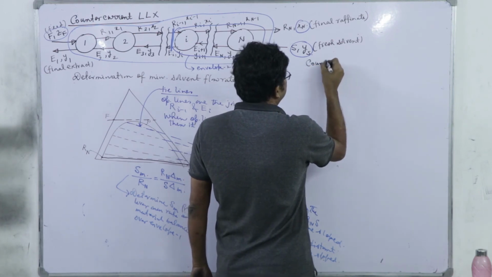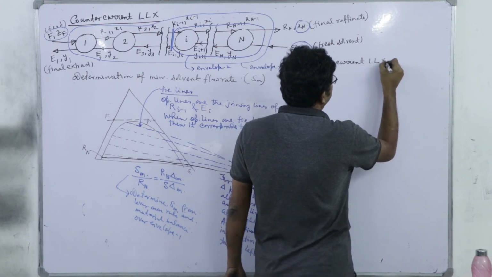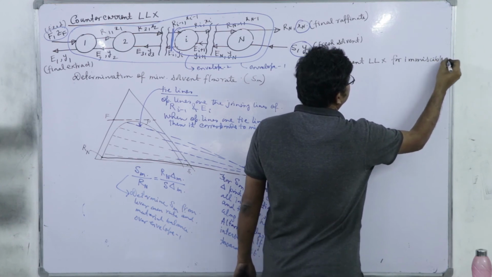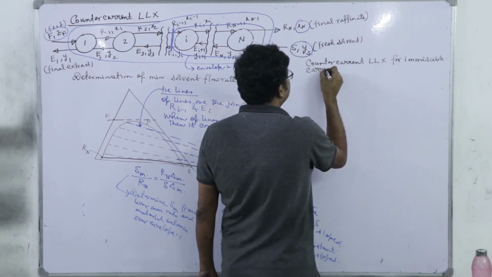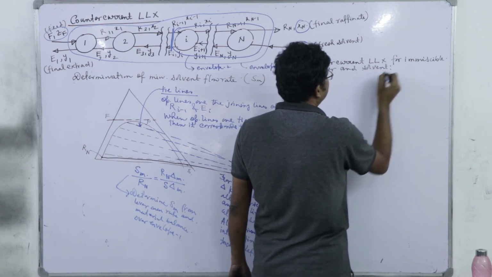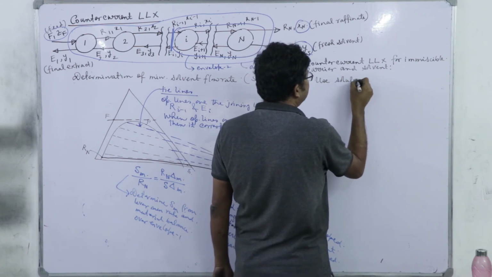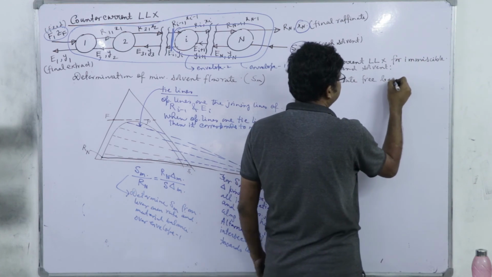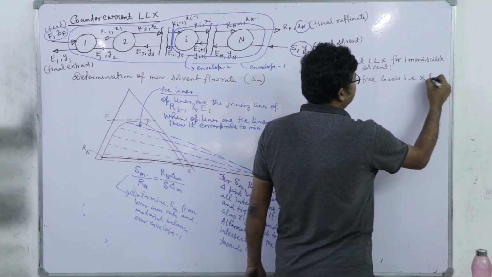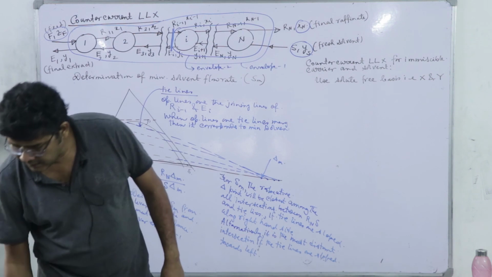So, counter current LLX for immiscible carrier and solvent. So, first definitely use solute free basis, right, that is capital X and capital Y, the notations we have introduced just previously.